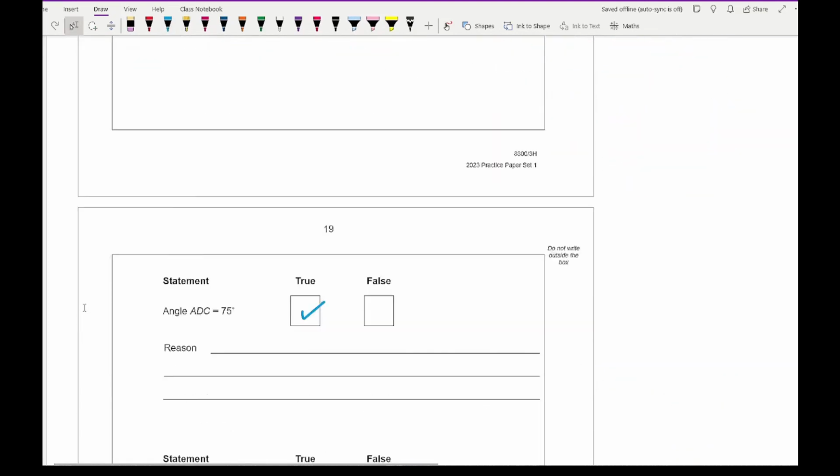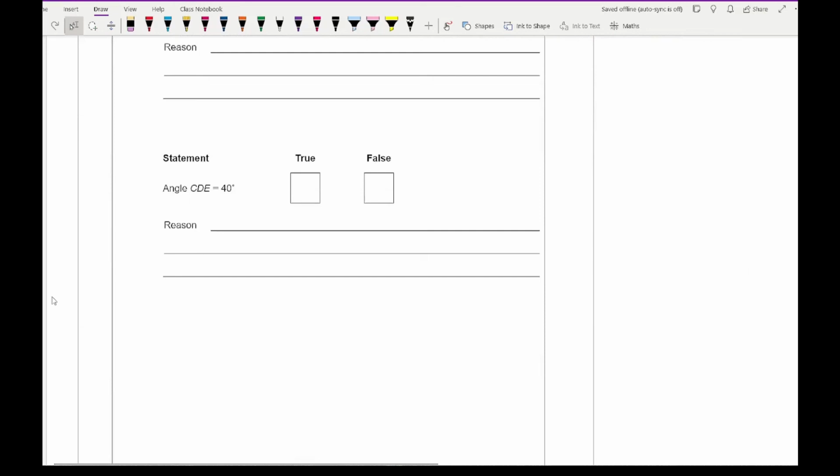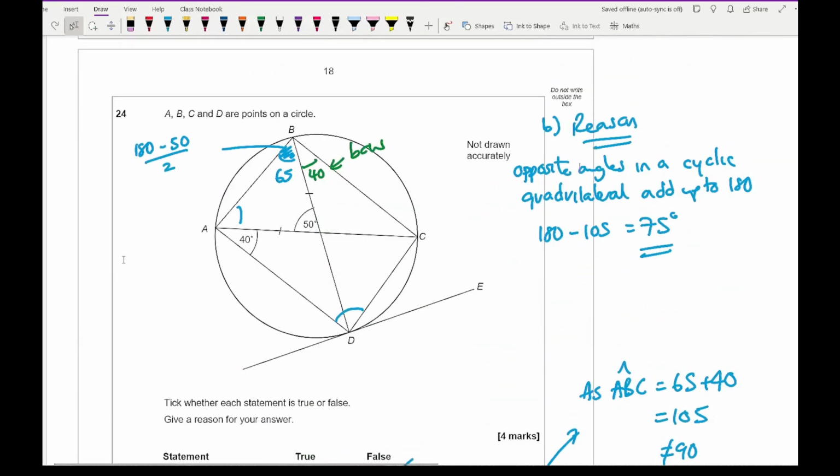So then moving on to C, it says CDE is 40 degrees. Let's just quickly write that down. So CDE is this angle here. Let me label that as part C. Now, looking at the alternate segment theorem and looking at this triangle here, C is going to equal 40 degrees, and the reason for that is the alternate segment theorem.